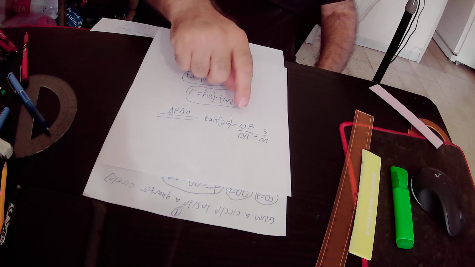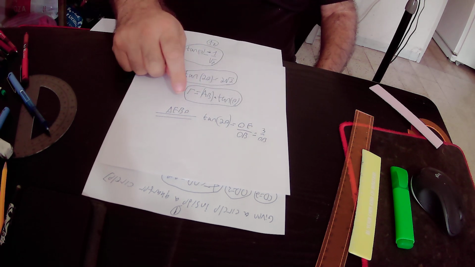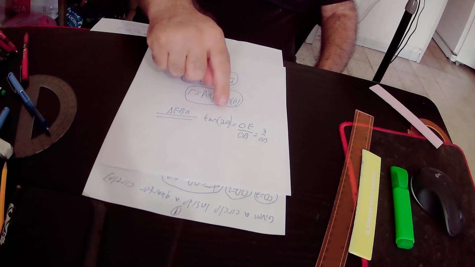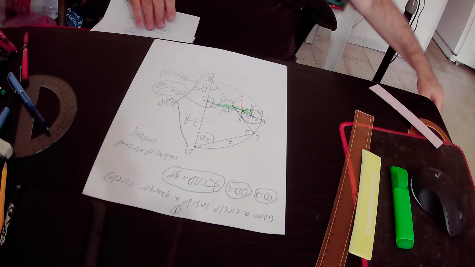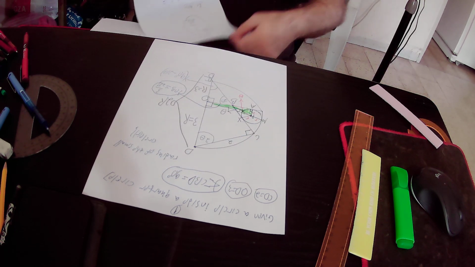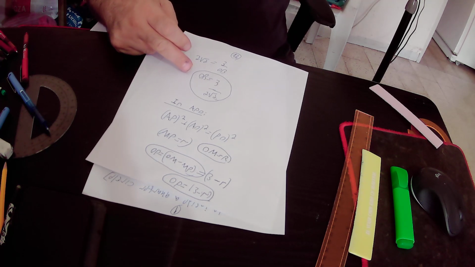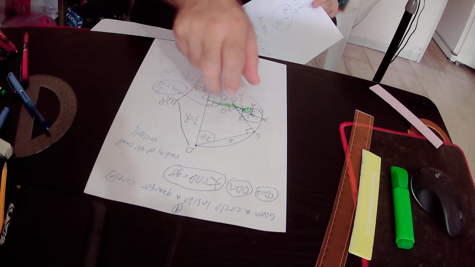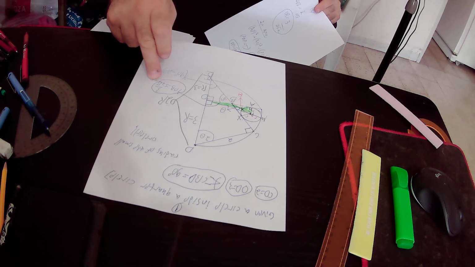It is given in the question, so it is 3 over OB. But we know that tangent 2 theta equals 2 times root 2, so we substitute it, and we found that OB equals 3 over 2 times root 2. So this OB, or BO, equals 3 over 2 times root 2.